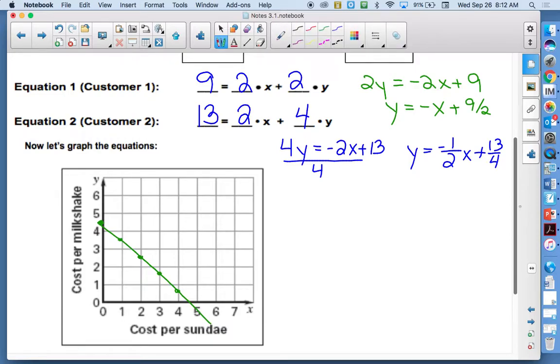Fourths, 13/4, is 12 over 4, which is 3, and then an extra fourth, so 3 1/4. And I will check your calculator because mine doesn't look like a very nice graph. Hopefully yours crosses at a nicer location than mine does, because you can't really purchase half of a sundae. I guess you could have a cost of $2.50 though.